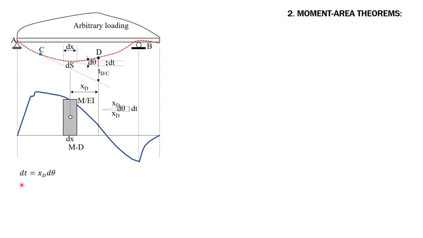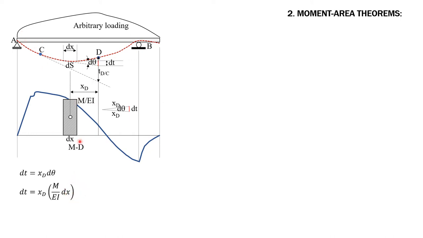So we begin with that expression: differential t is equal to x sub D times differential theta, and we know that differential theta is equal to M over EI times dx.